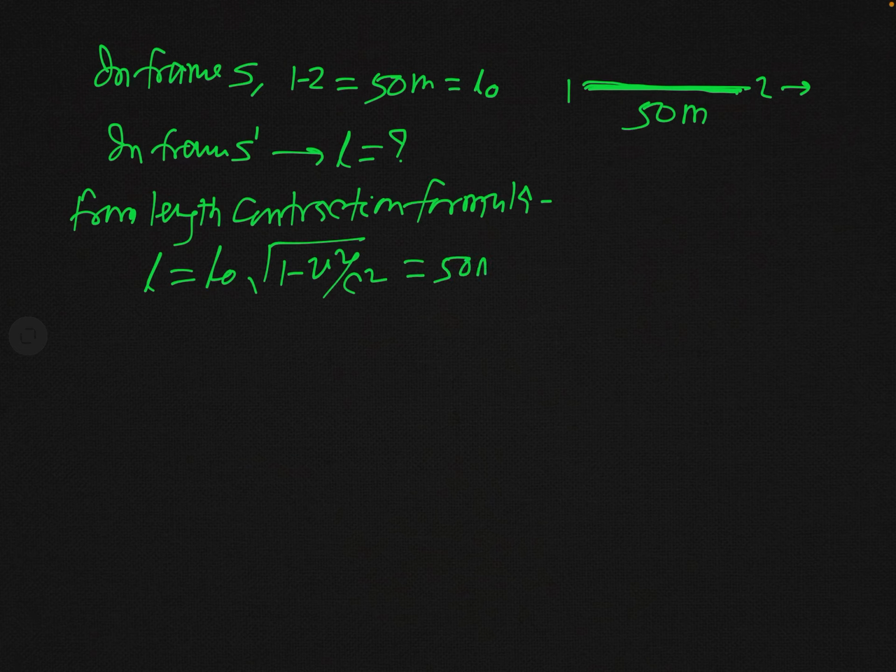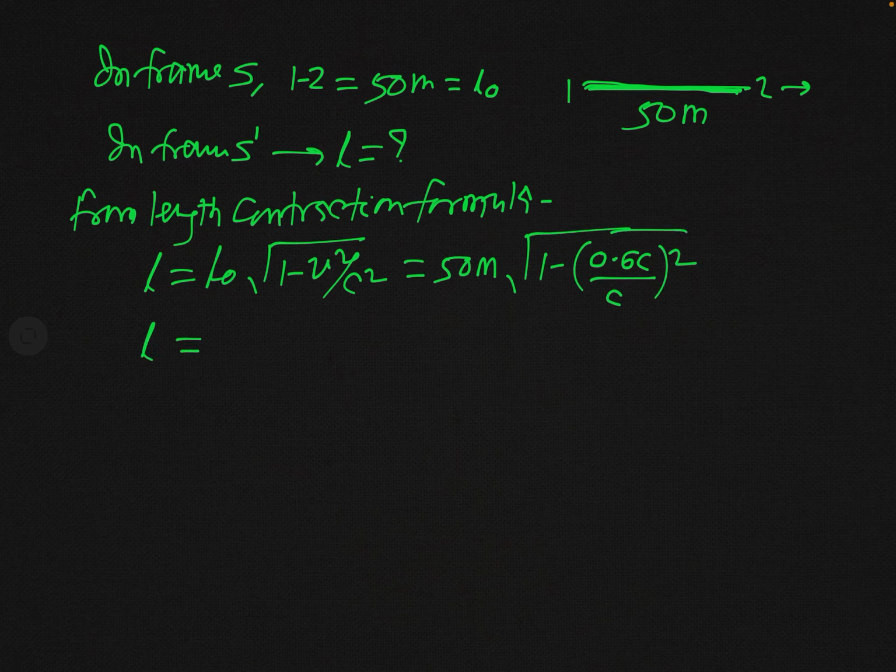Here L0 is 50 meter, so we will put 50 meter and the square root of 1 minus v square by c square. We have obtained that v is equal to 0.6 c, and this is c and whole square.